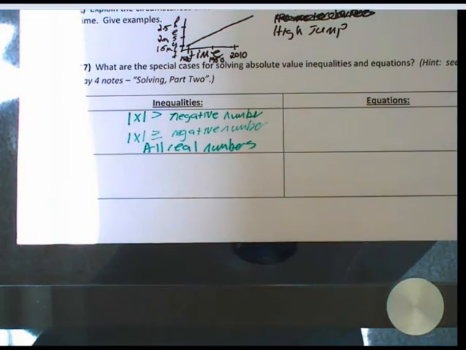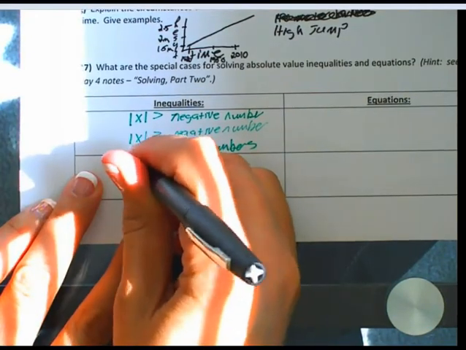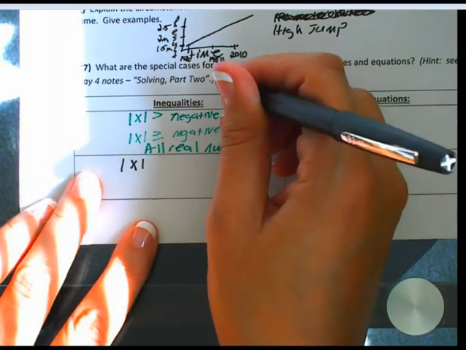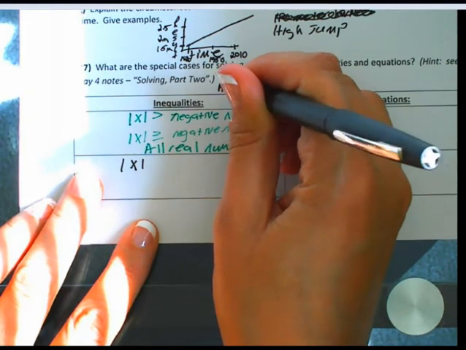Okay. All right, the other one for inequalities is I have the absolute value of some number or expression. The key here, though, is that it has to be isolated. The absolute value has to be isolated first.